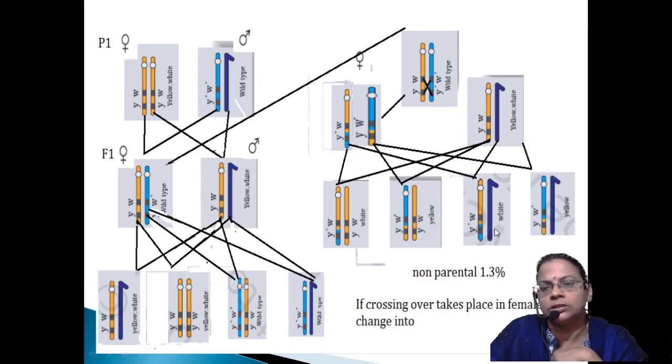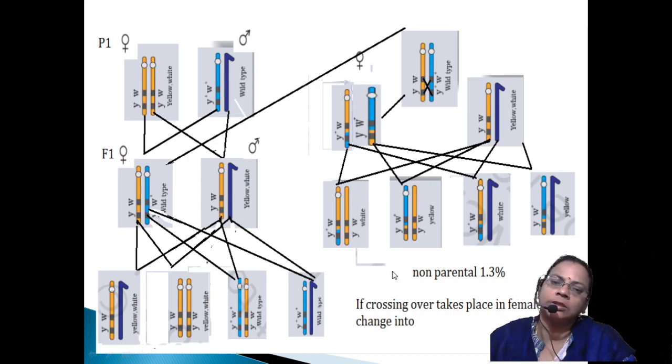Then the next one, it is white eye with brown body, male. It is not there. And then next one, it is yellow body with red eye, male. So that also is not present in this one. So these four combinations are new. These four mean actually white offspring and yellow offspring: white with red eye and yellow with red eye.